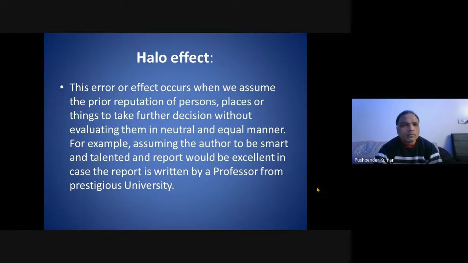You develop some kind of image in your mind when you think of these people, these places, or maybe a situation or phenomenon, without evaluating them in a neutral and equal manner. As human beings, we always have some kind of bias, because we have some kind of perception.